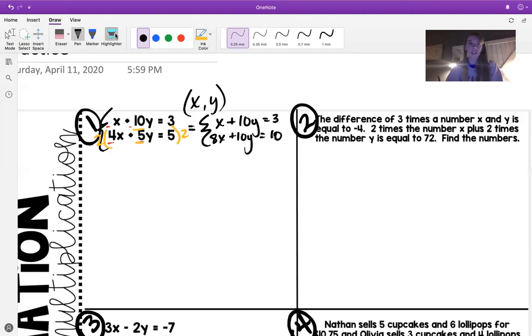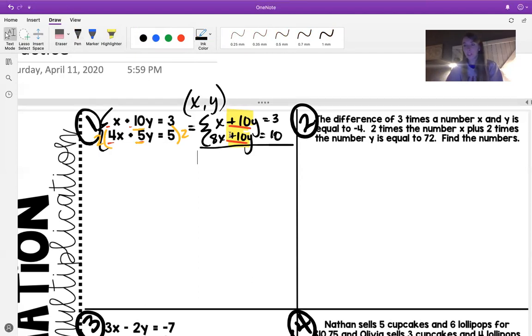All right, so I notice that I have a positive 10y and a positive 10y. Okay, so because my coefficients match up here, they are set up for me to eliminate them. All right, so if I have a positive 10 and a positive 10 and we want to eliminate them, we want them to equal 0.